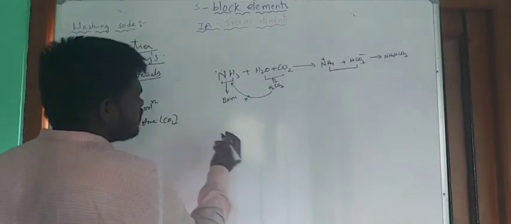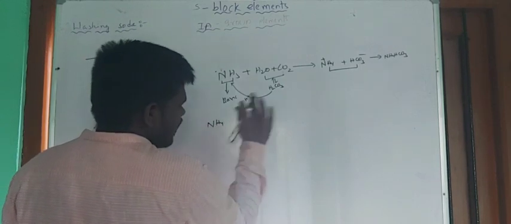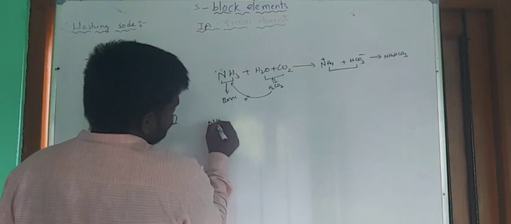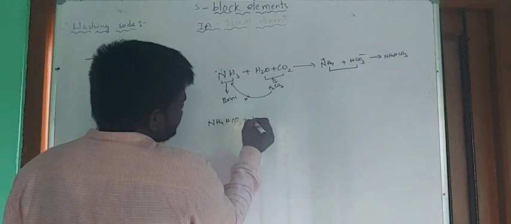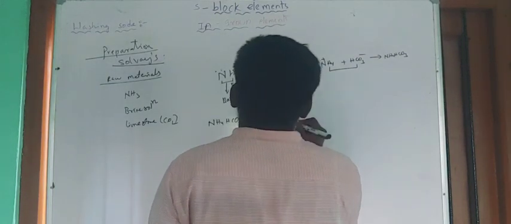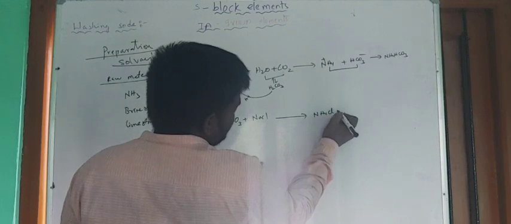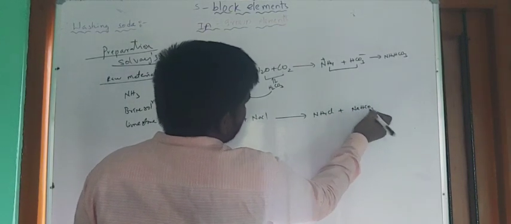And the next one, this ammonium bicarbonate NH4HCO3, when it is treated with NaCl, brine solution, we get NH4Cl and NaHCO3.